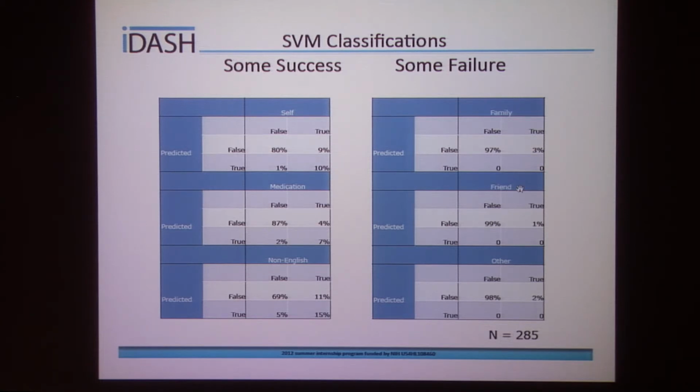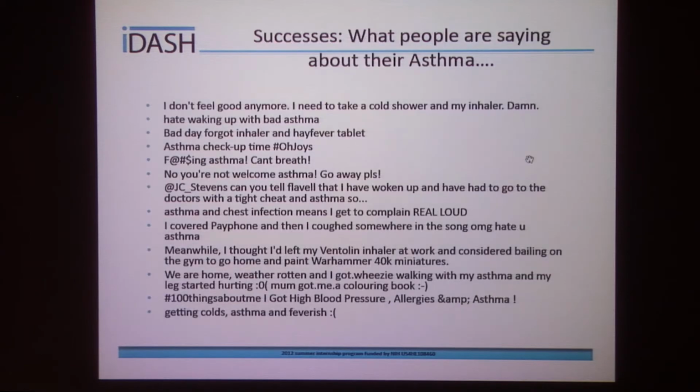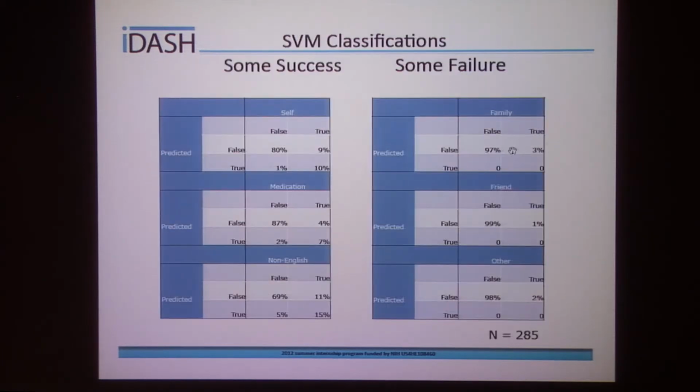On the other hand, we're doing a lot worse with sparser categories like family, friend, and other as experiencers of asthma. And that's just basically because there's not very much signal out there in the data. So the terminology that people use to refer to their friends, for instance, is very varied, and so nothing is particularly predictive in this case.